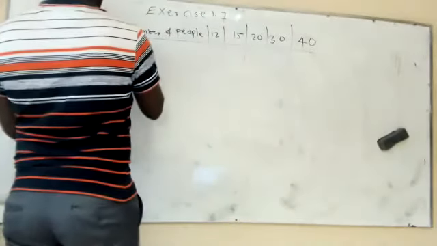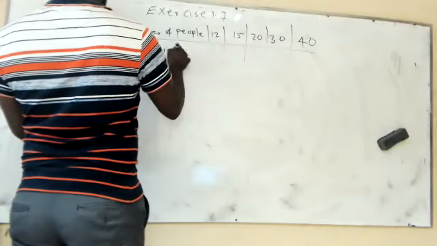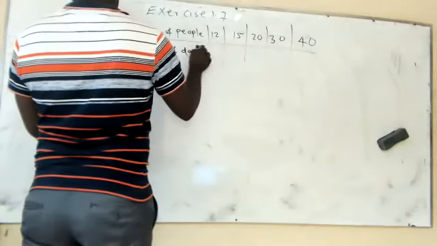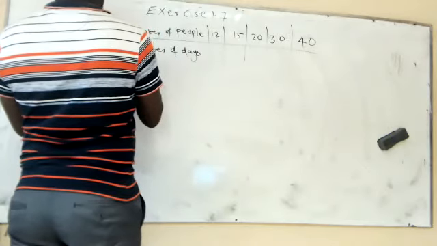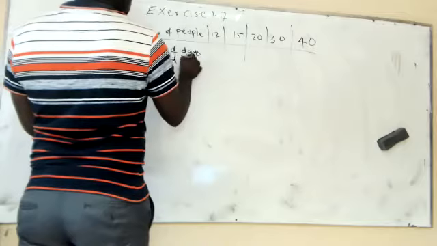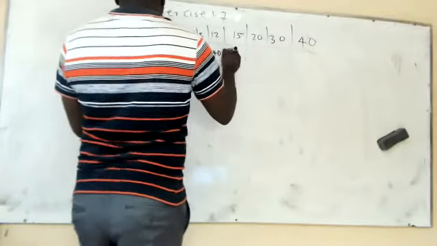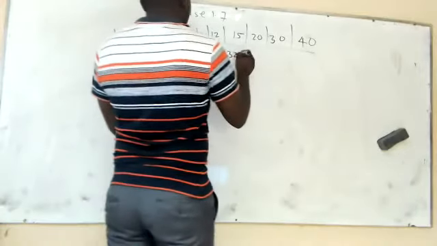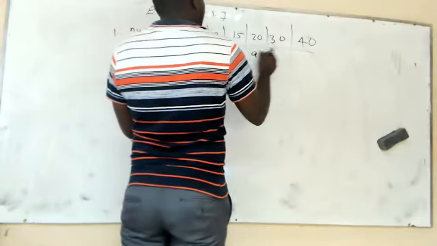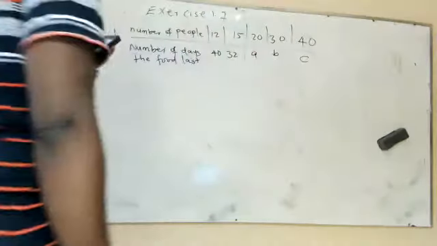And then here we're also given the number of days the food lasts. We're given the values 40, 32, and A, B, and C. Okay, now let me read the question.